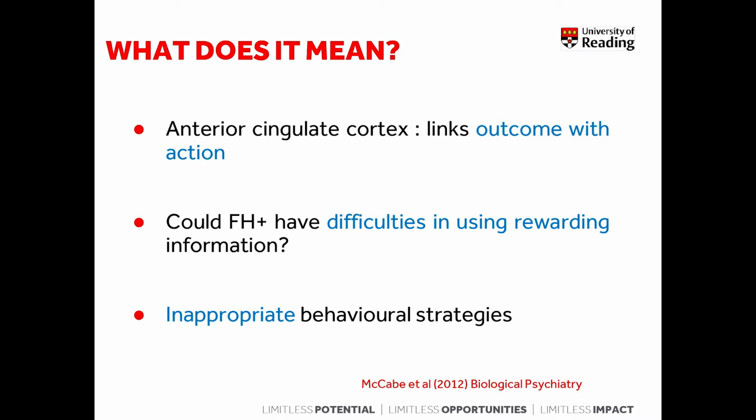And what the results from this study showed us is that if a young person with a parent with depression has a problem using this part of the brain to respond to rewarding information, then maybe they're putting themselves into difficult situations. Maybe they're having difficulties making decisions. I mean, how we make decisions is all based on positive and negative information in our environment, right?